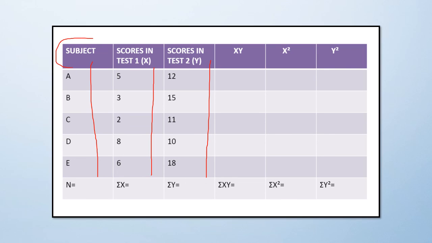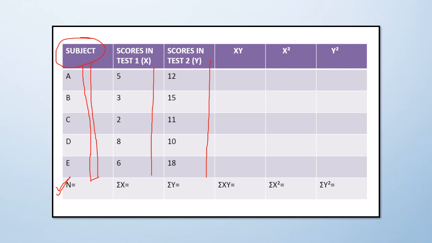This need not be given in a column format, but we take the value to calculate n. You can also take x first, then x square, then y square, then xy.